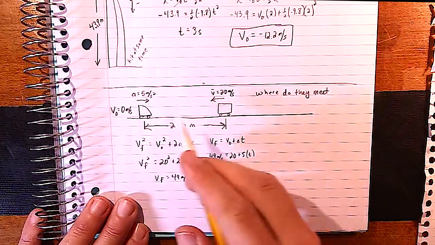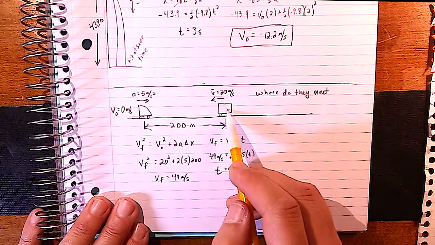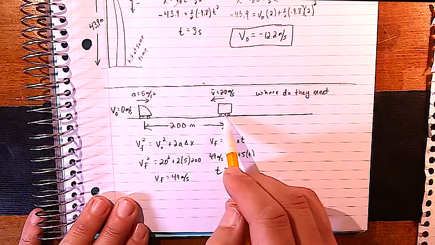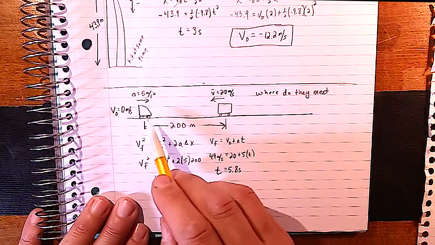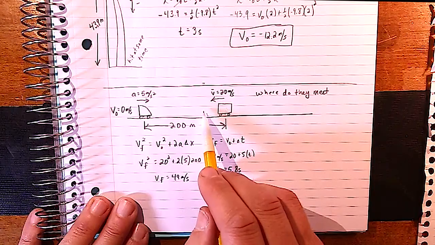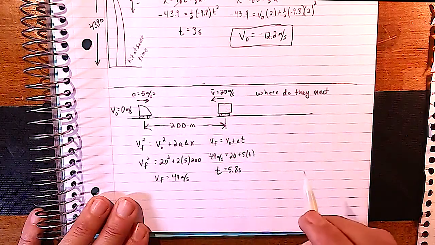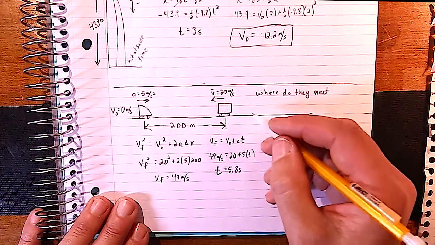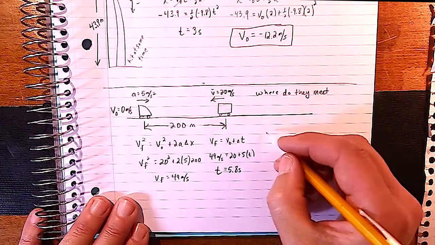So that's how long it would take for this car to crash into this car if this was still and we added its 20 meters per second to this. But that time is exactly the same as if this car was moving at 20 meters per second and this car was accelerating from rest at 5 meters per second squared. So now, how far does it go? Well, let's go back to letting them both move.